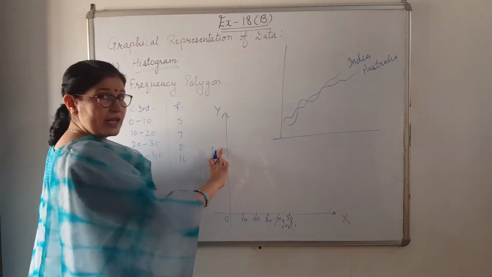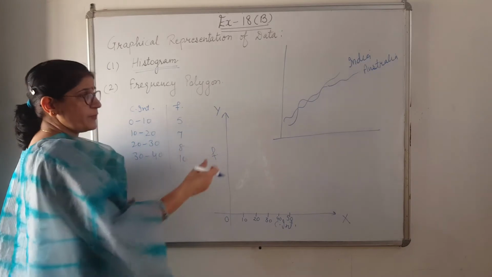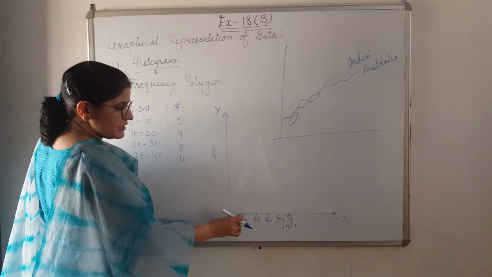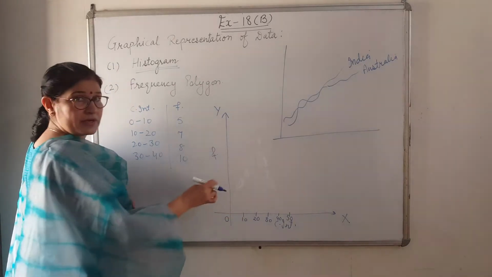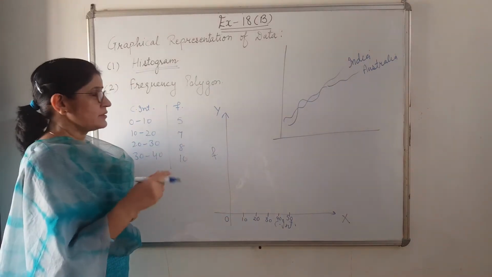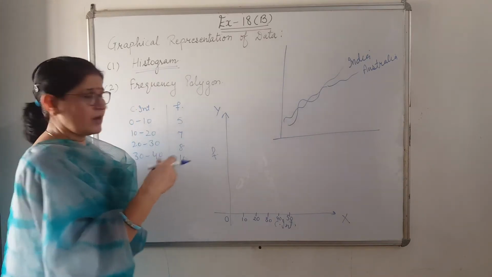And now we have to take frequency. Here if your graph paper is not sufficient and no scale is given, then it is not necessary to take it similarly. You can take it differently. Small 5 boxes you can take as 1, or 10 boxes you can take as 1. That depends on the size of the graph paper.